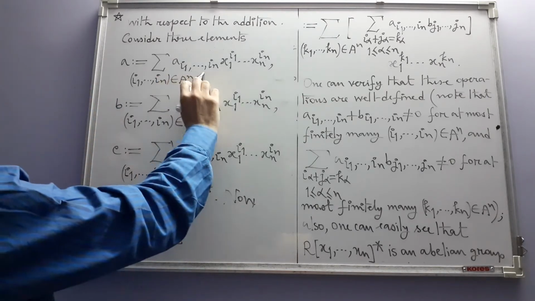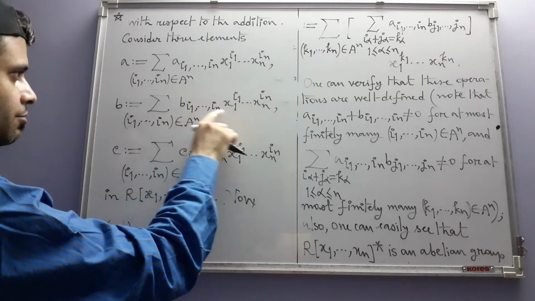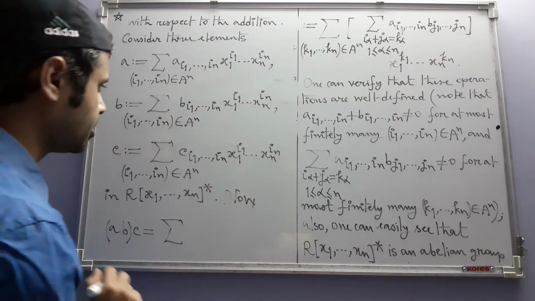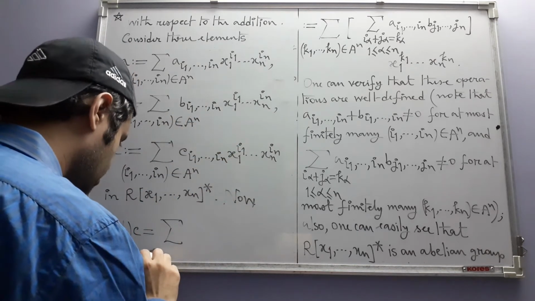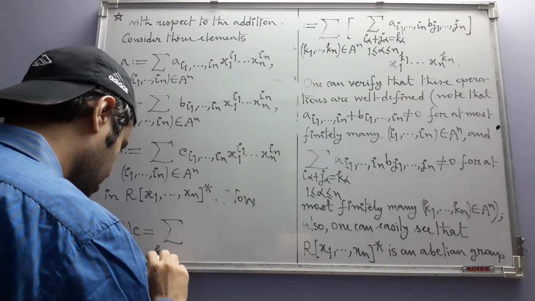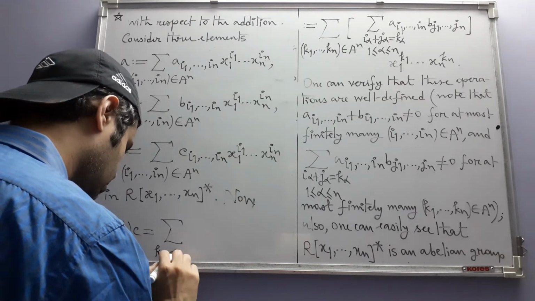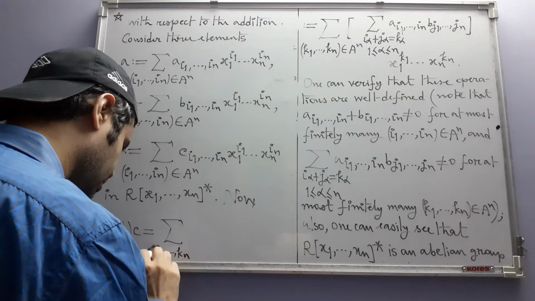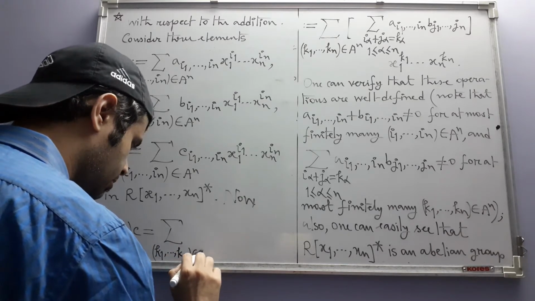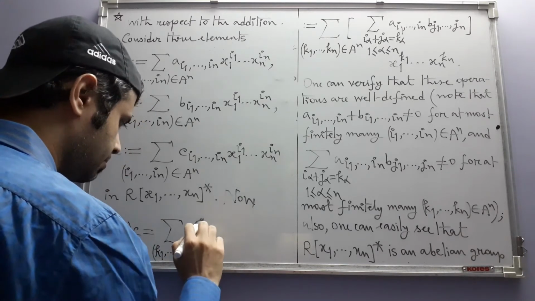So this is A, this is B. You think of those J and you go back to the definition. This gives us K1, K2 up to Kn belonging to An.